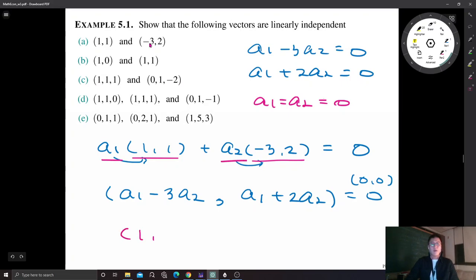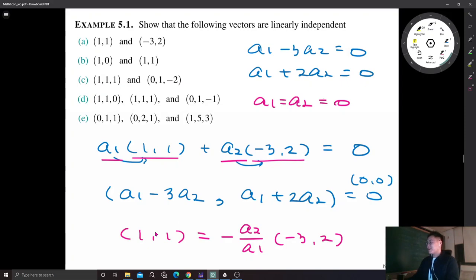So (1, 1) becomes negative a sub 2 over a sub 1 times (-3, 2), meaning that one vector can be expressed as a scalar multiple of the other vector. In this way, we can easily tell whether two vectors are dependent or independent.